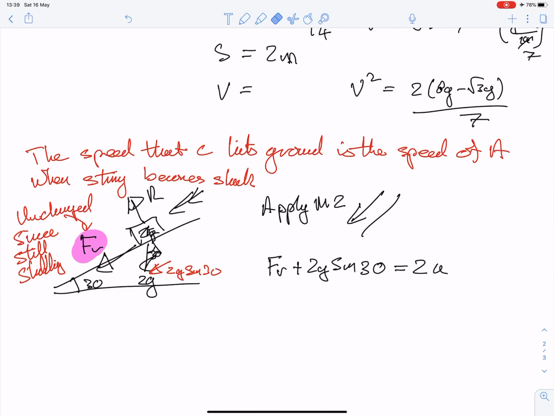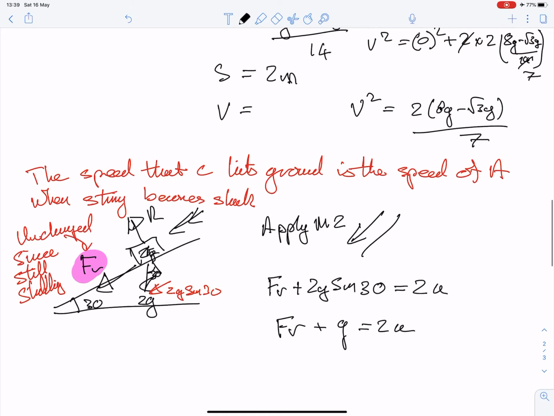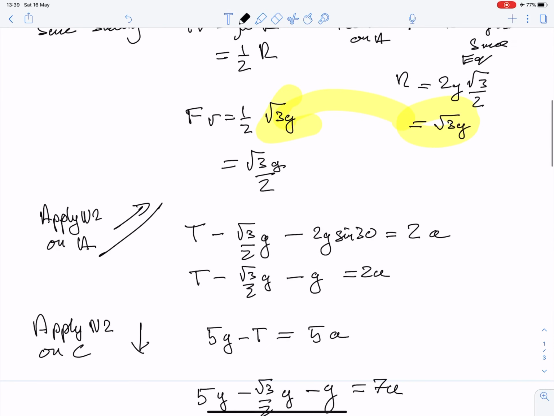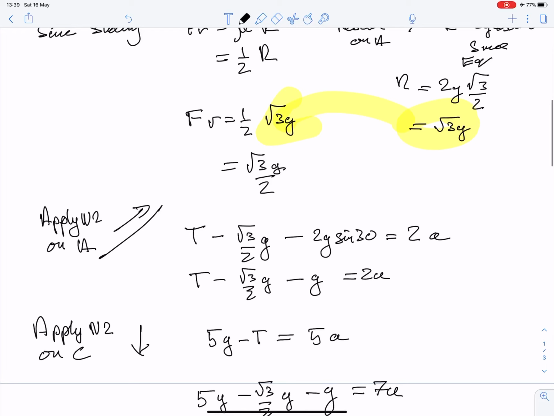It's a property of the contact, so it's not affected by the string or the tension, because the tension was horizontal. That's 2 kilograms. So we've got an acceleration acting down the plane now.